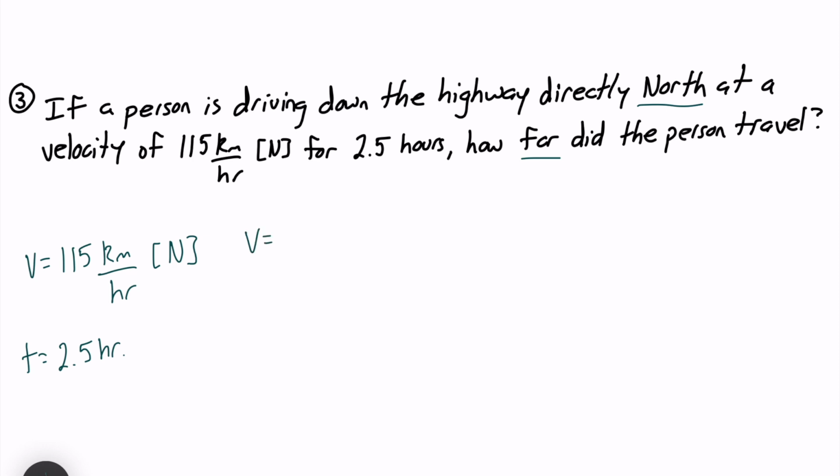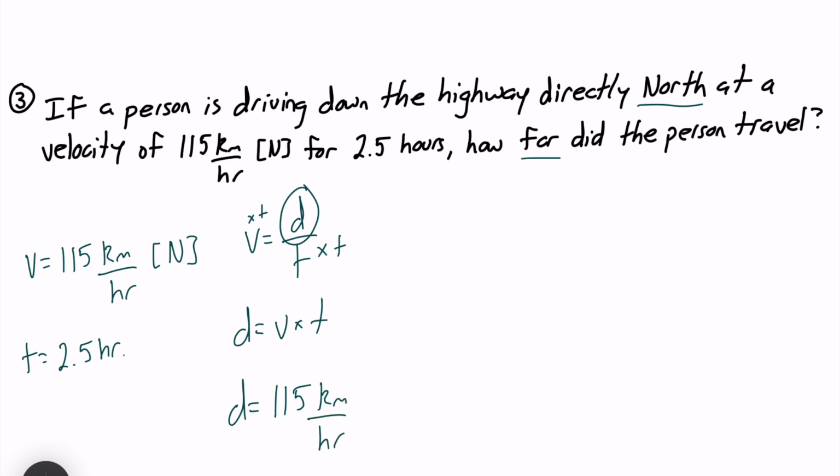So we have v equals d over t, but we're looking for distance. Let's multiply t up. What we will get as a final formula to use is d equals v multiplied by t. Let's just plug in our velocity and our time. So our velocity, we have 115 kilometers per hour. And you know what? I'll include the direction in there.